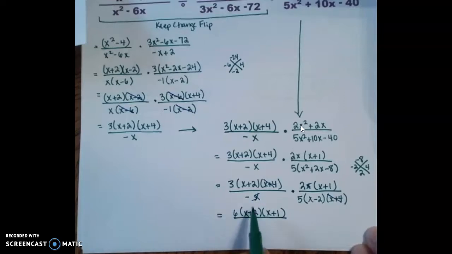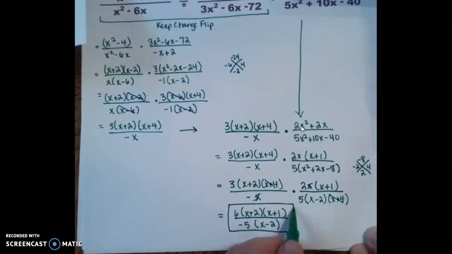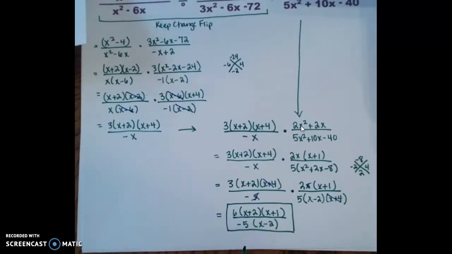And then in your denominator, don't forget this negative. Negative 1 times 5 would be negative 5 times x minus 2. And just so you know, the negative could come up or it could be out to the side. All that would be the same answer. And all of that is how you multiply and divide rationals.